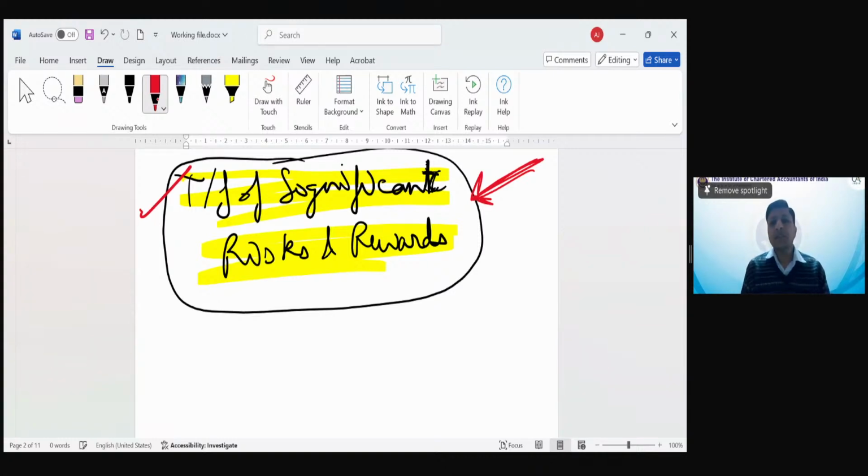Now, we'll look at some special situations. In all of those situations, we will try to apply this concept only, and then find out whether through the application of this concept, revenue can be recognized or not.